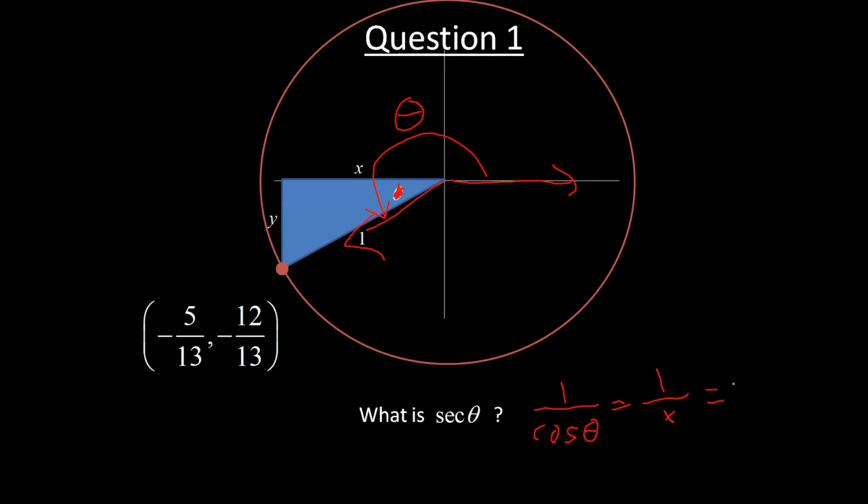And x, in this case, oops, I ran out of space on the right there. So we have 1 divided by x. X is minus 5/13. And so the reciprocal is then minus 13/5. And that's our answer.